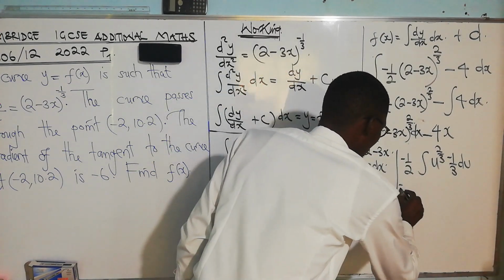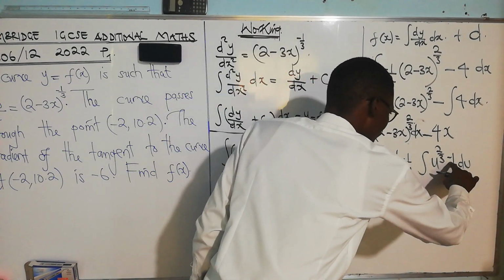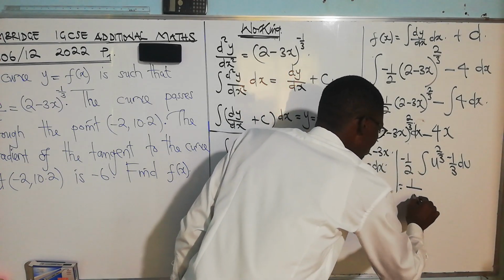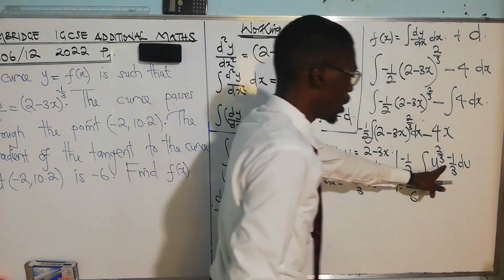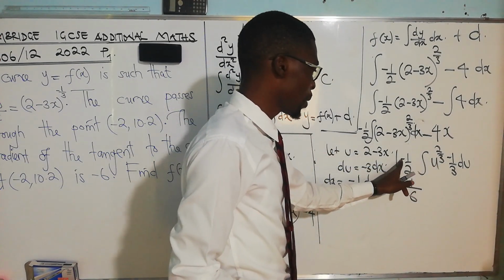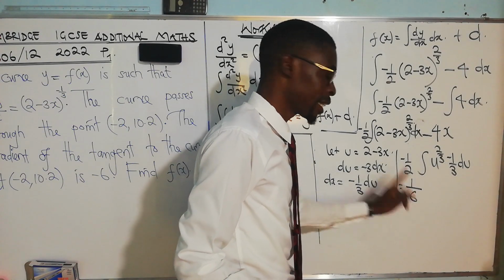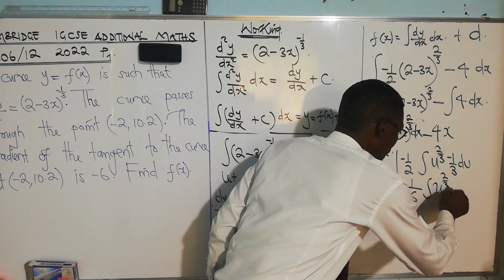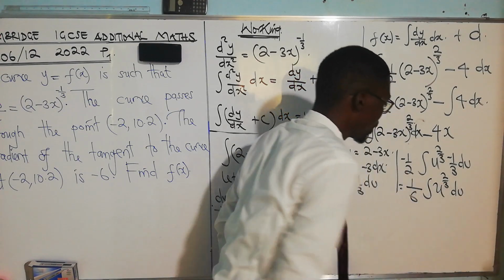What I'm going to have is positive. This is negative 1/3 times negative 1/2, that will be positive 1/6. So I've taken the negative 1/3 as a constant outside, and it will multiply negative 1/2, it will give us 1/6. Then the integral of u to the power 2/3 du.